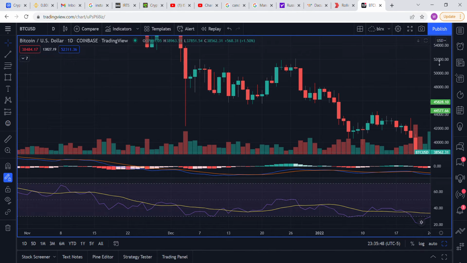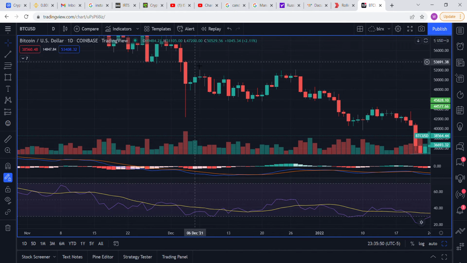And the wicks show you the range of price action that it had that day. So that day, there's a little wick at the top. That day, Bitcoin ranged basically 54,000 all the way down to 42,500. God, that's a really big price. That's a lot of price action right there that day.